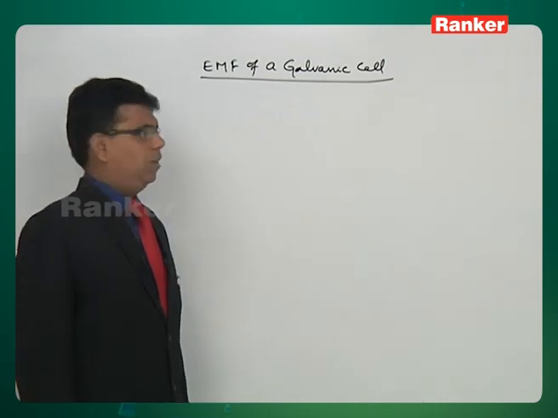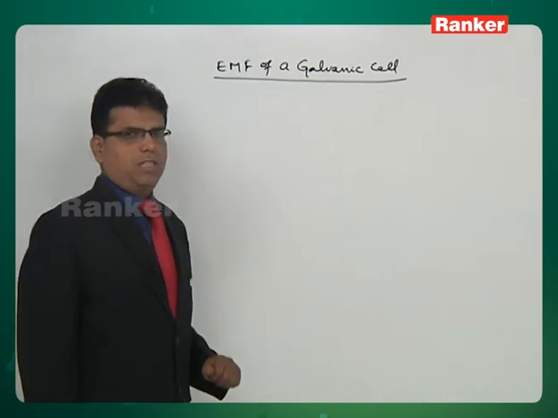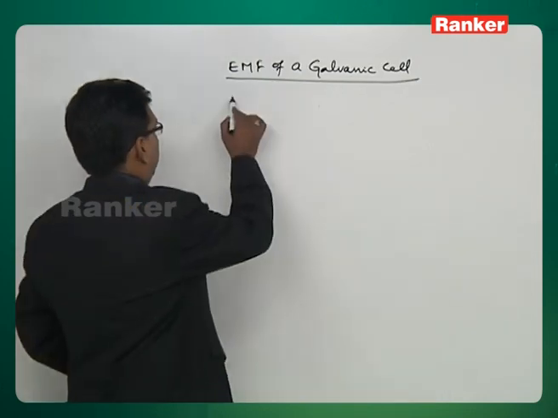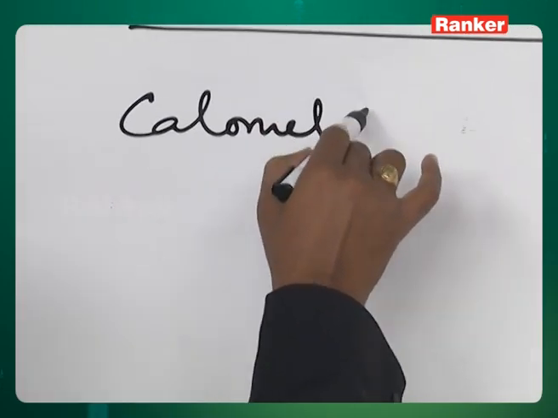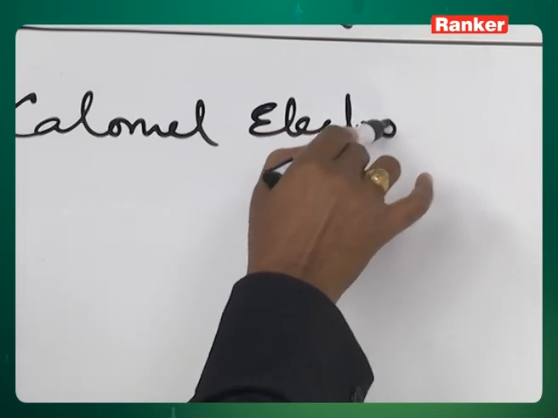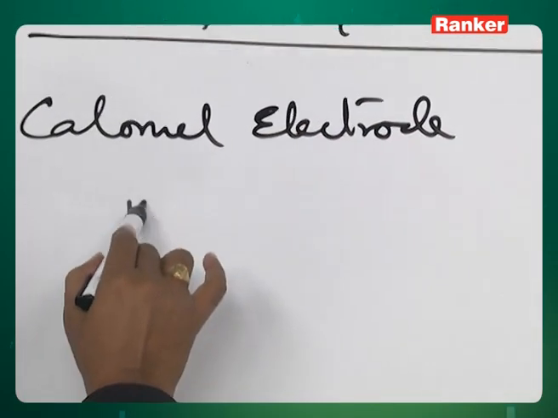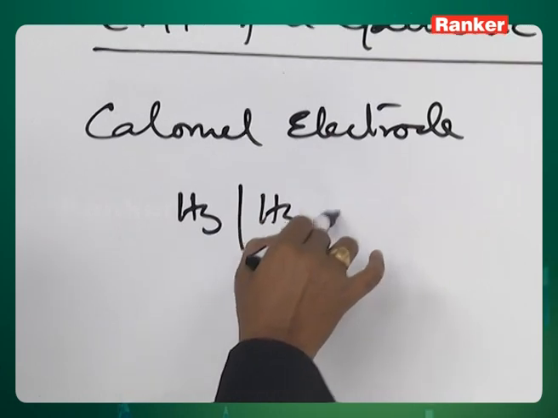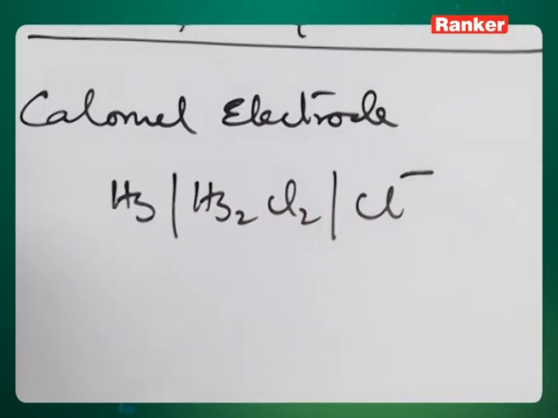Based on this application, what we have discussed for metal, insoluble salt, anion, take the calomel electrode, which is Hg/Hg2Cl2/Cl minus.